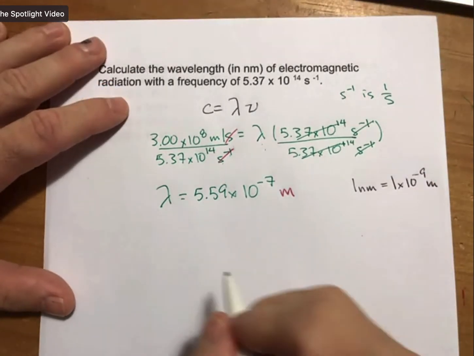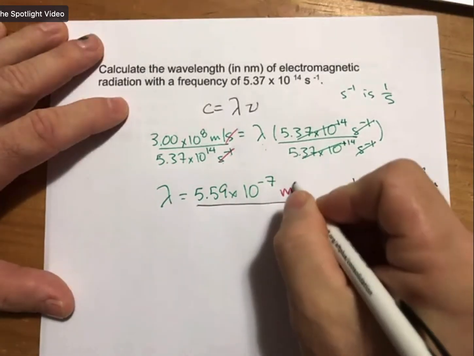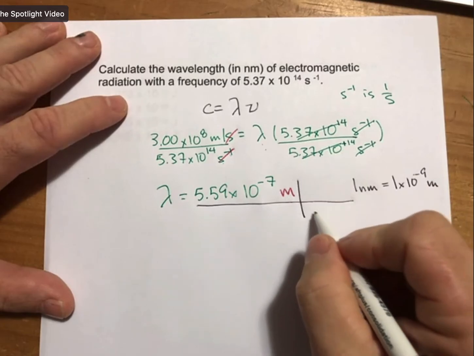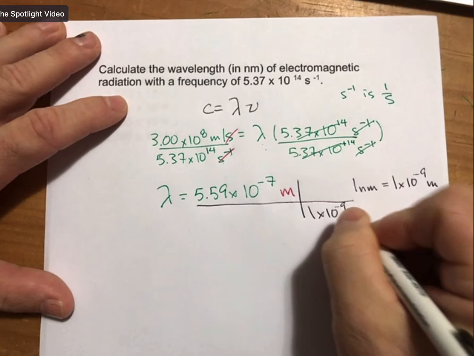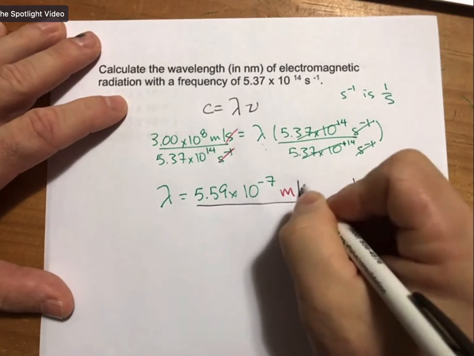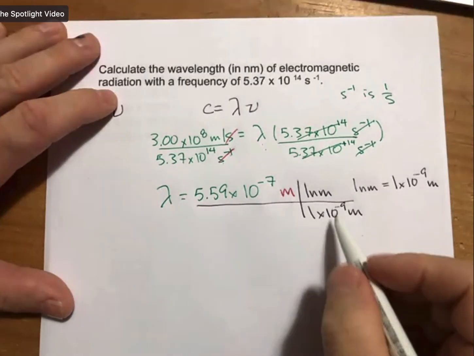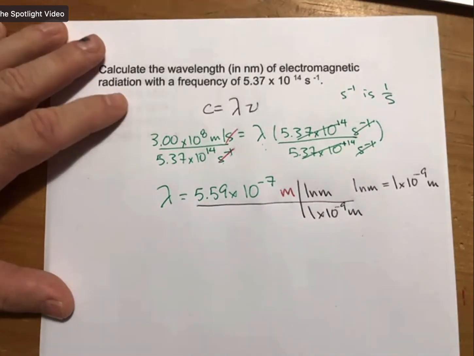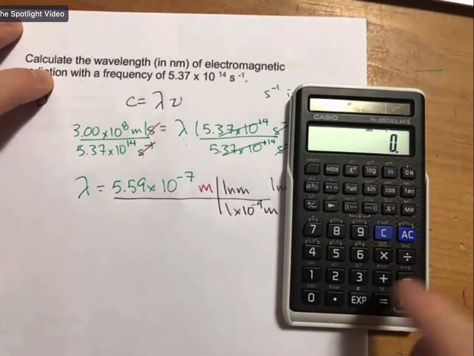And then we can make the unit conversion using my usual method. So we're going to want meters on the bottom and nanometers on top, showing that we have to divide by 10 to the minus 9. Let me show you how to do that, and then we should have our answer.